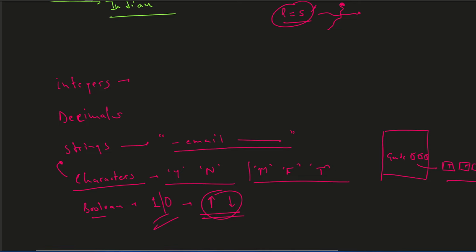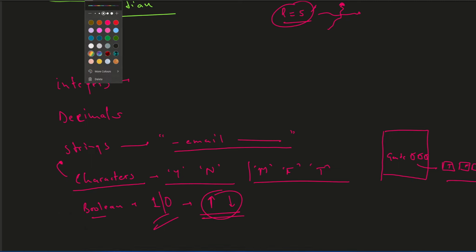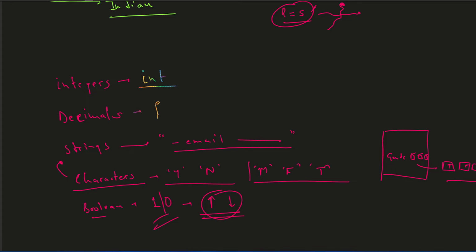Let me increase its thickness. I hope this is visible. Integer with decimals, there could be like 2, but basically it's float. Float is basically something having a precision of around 7 decimal values.